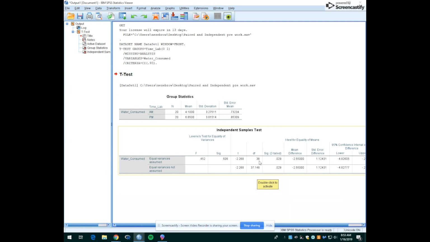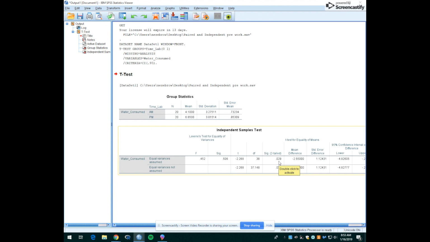So here's our t-value, our degrees of freedom, and our p-value, our significance. So assuming a 0.05 alpha level, if you remember, the actual research question was wanting to see if there was significantly more water consumed during the PM sections. So what we have to do, since this is a two-tailed, is divide this number by 2, right?